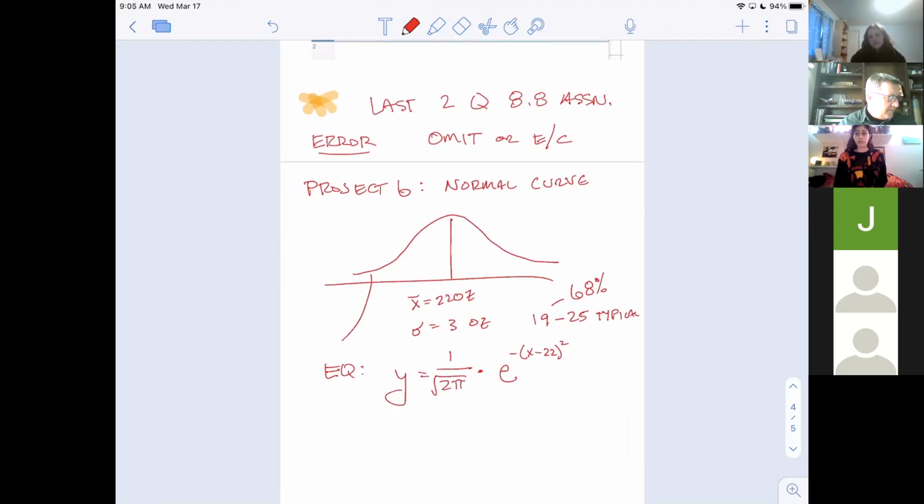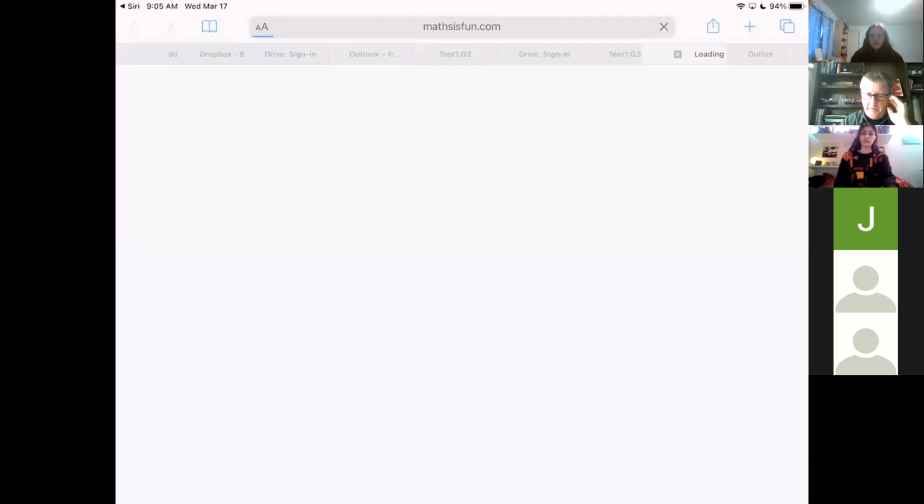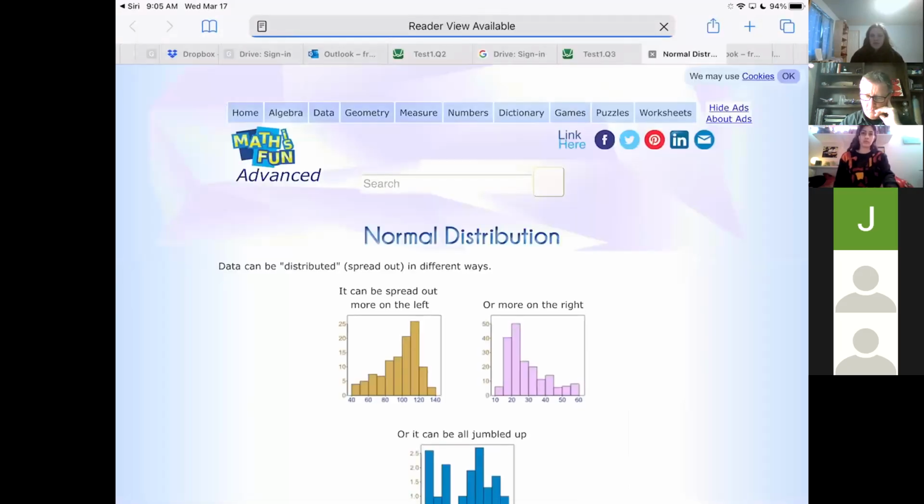Oh man, do I have this written down somewhere? Hey Siri, what's the formula for the normal distribution curve? Here's what I found. Let's go with Math Is Fun, because that's true, math is fun.